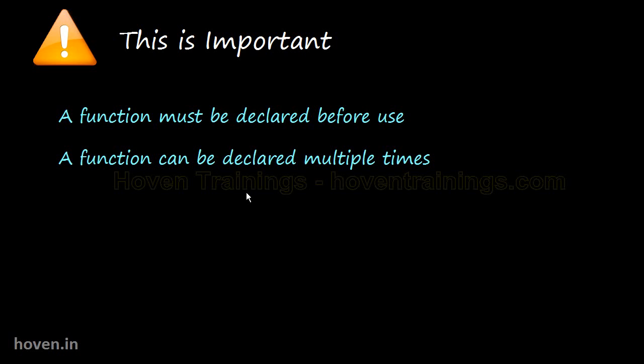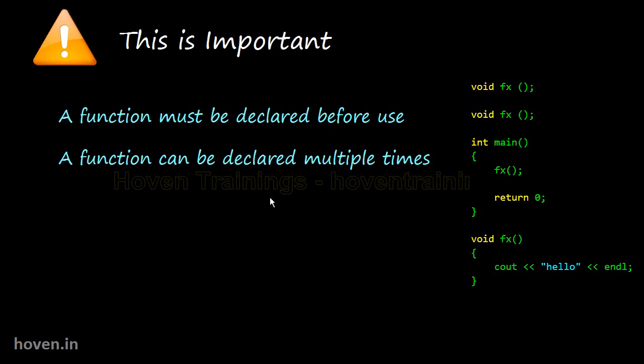More than one declaration of the same function is allowed. Let us see this code. Here two declarations are there. A function can be declared more than once. This code will compile without errors.